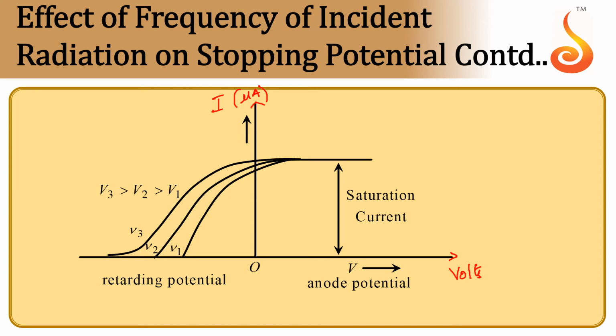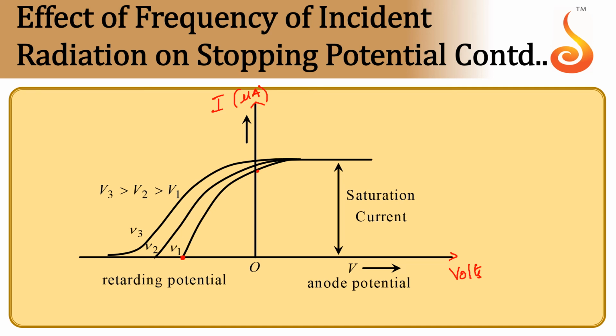But as the potential value is reduced to zero and then further increased negatively, when the potential on the anode reaches the stopping potential, the current in the circuit will be zero.